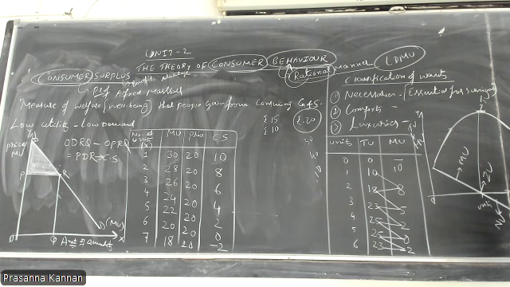Full stop. Hence, the shaded area of the diagram, that is PDR, correct? Rather you can write DPR or DRP, anything. I am saying PDR, which is nothing but consumer surplus.